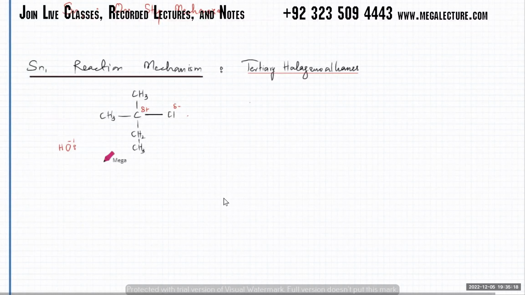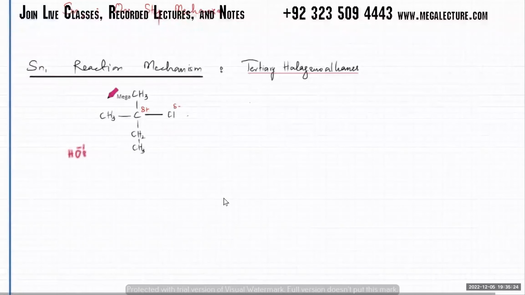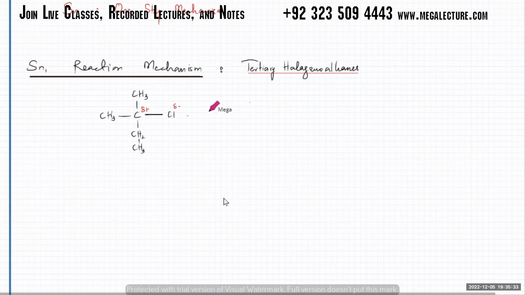On all sides it's surrounded by carbon chains, so it can't really come close to this carbon atom. So initially, the OH ions don't do anything. The OH ion cannot even come close to that carbon because it's surrounded on all sides. So initially the bond breaks heterolytically on its own during a collision.